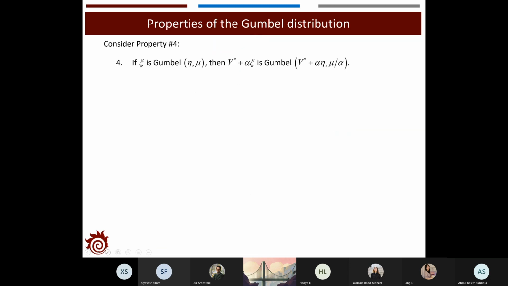So let's start with property 4. First, let's verify whether property 4 is correct or not. We have epsilon following the Gumbel distribution.